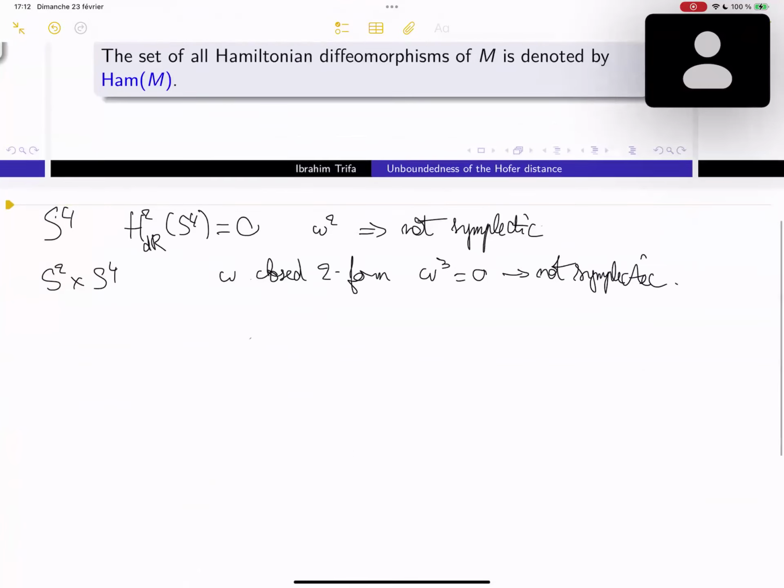If we look at T*M equipped with the symplectic form omega equal to sum of dp_i wedge dq_i, where q_i are coordinates on M and p_i on the fiber.